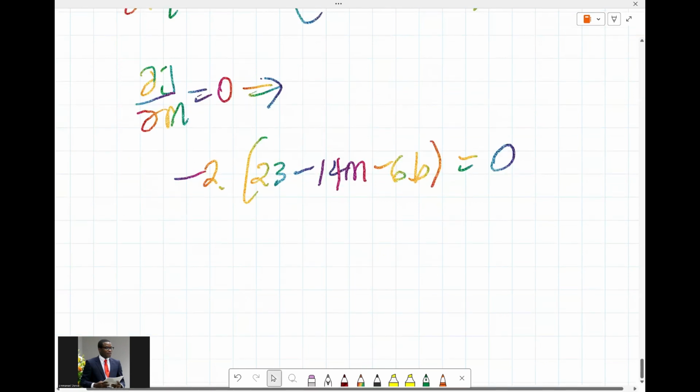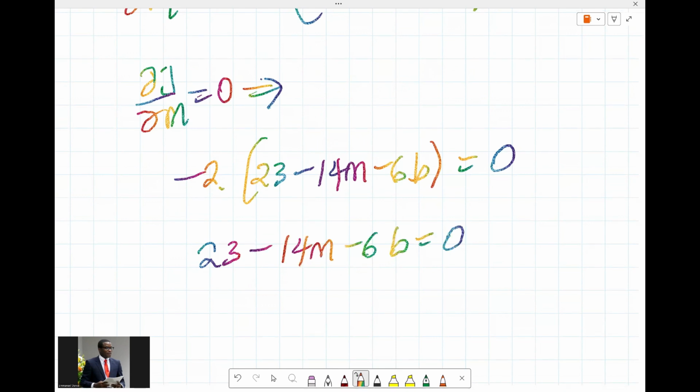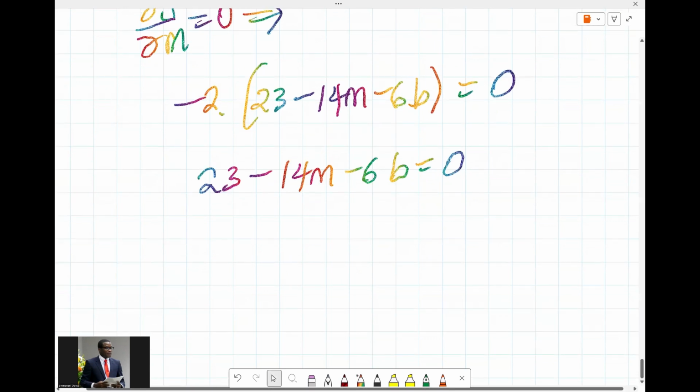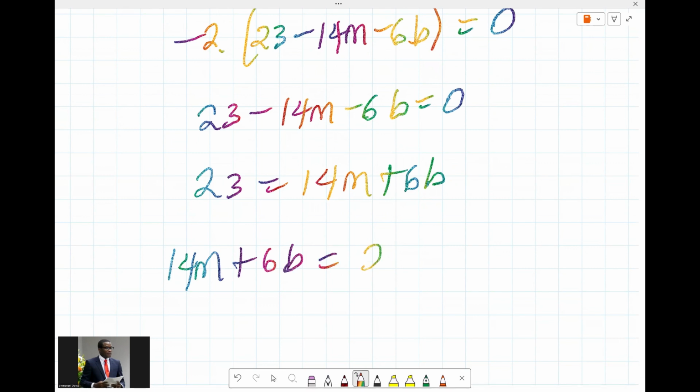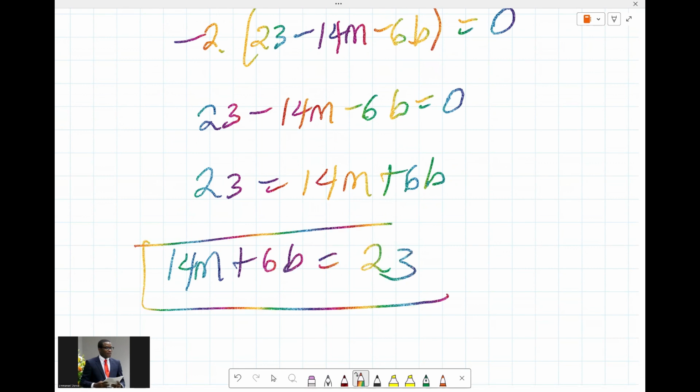Of course, we can divide through by minus 2, so we simply have 23 minus 14m minus 6b equals 0. We can tidy things up, and that would be 23 equals 14m plus 6b. So we have 14m plus 6b equals 23. Call that equation star. So we'll come back to it later.